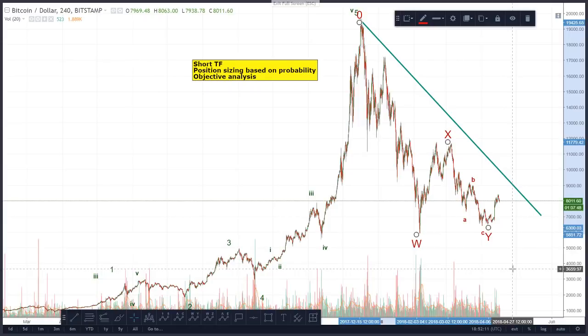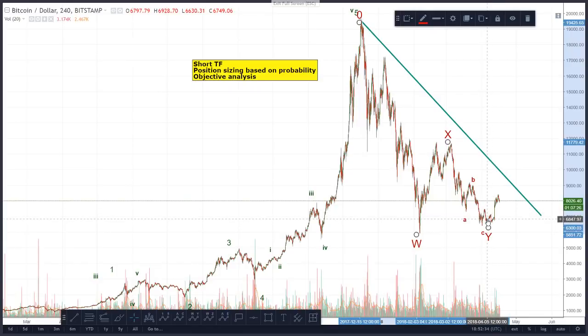And as I mentioned in previous videos, Bitcoin usually, when it makes 5 waves up, makes a retracement of at least 78.6%.